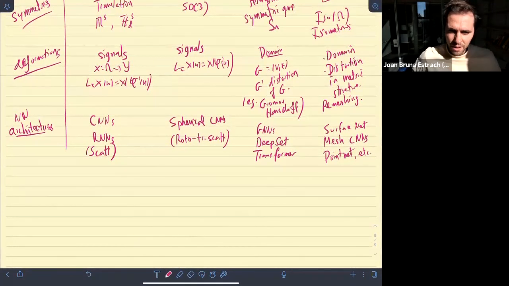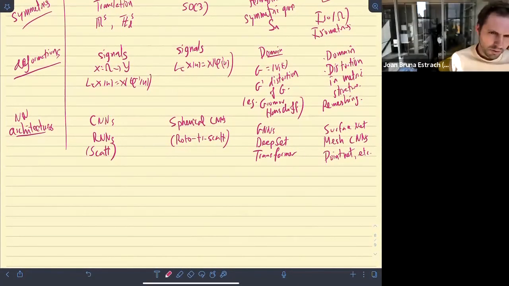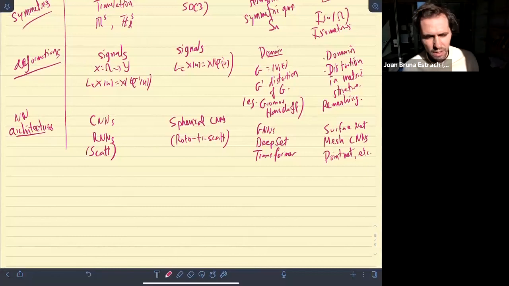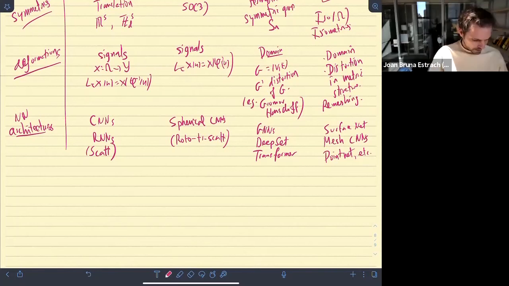And maybe to understand key questions about these architectures that involve how expressive they are and how stable they are.